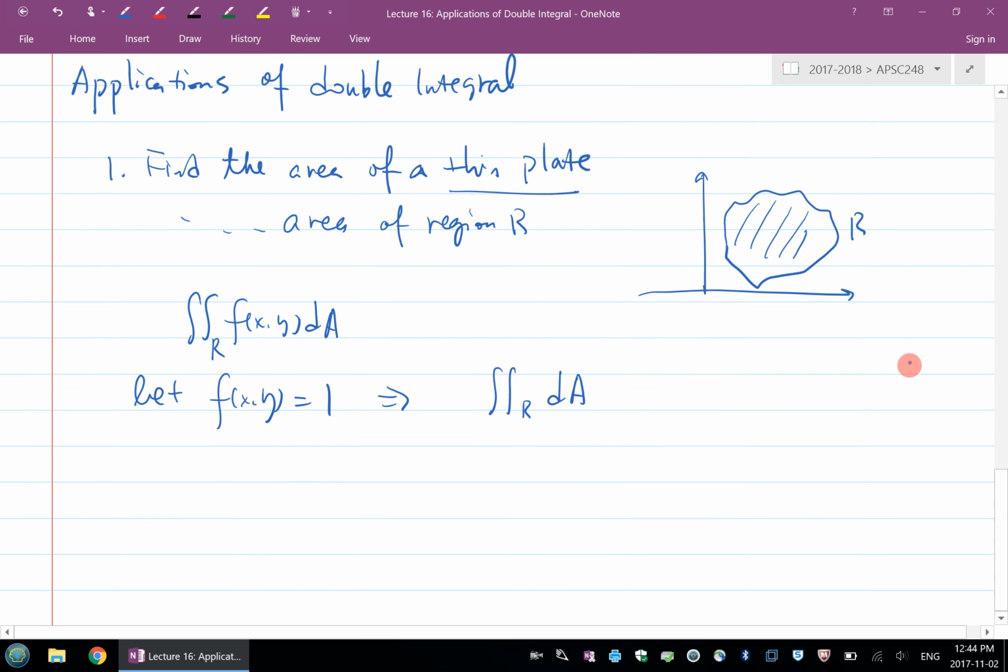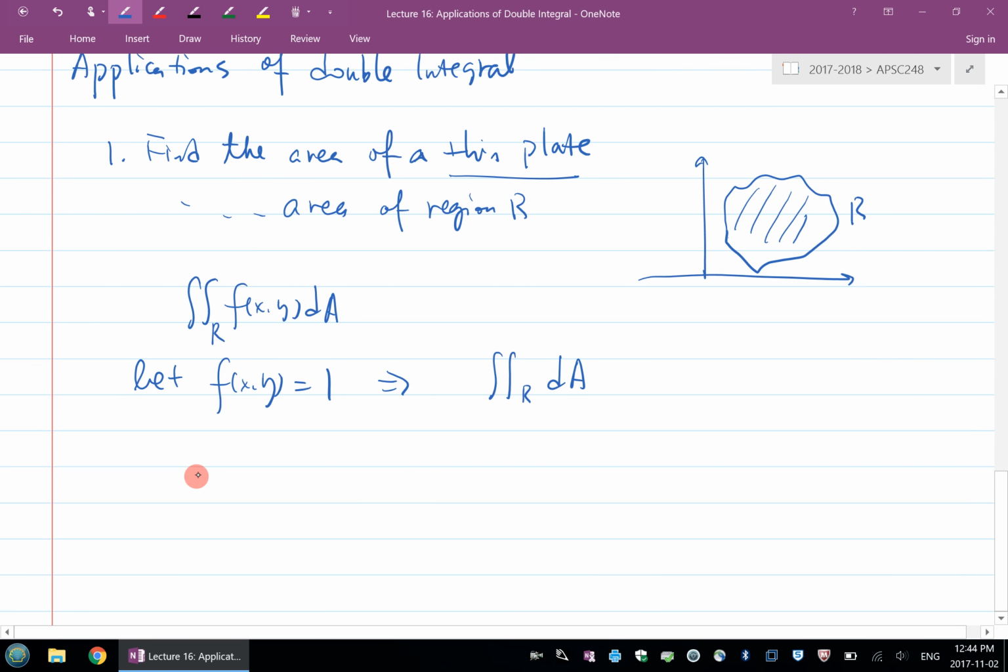If I give you a single variable integral of d of x cubed, what does it equal to? x cubed, right?